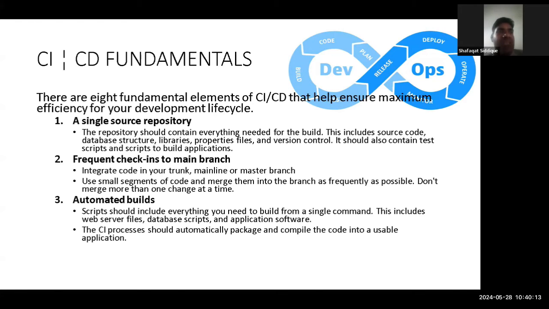And frequently check into the main branch. That is the work of the developers' team lead. There are many branch concepts inside repositories, but the stable branch is considered to be main or master.